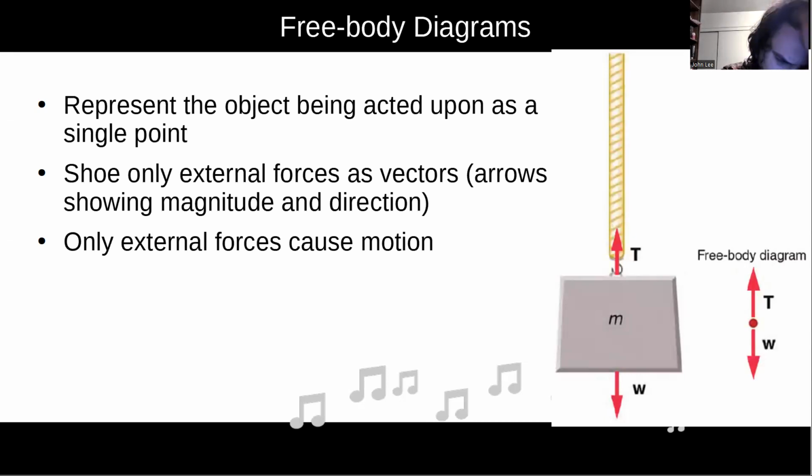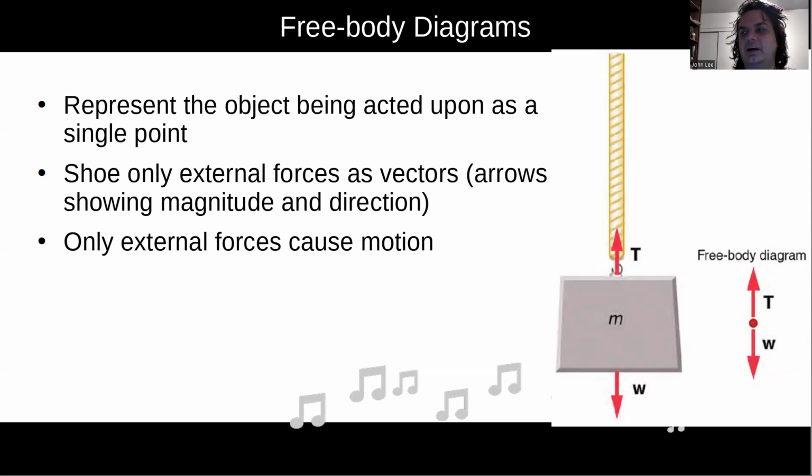And a way that we come up with to describe these forces is something called a free body diagram, where we represent the object being acted upon as a single point and show external forces as vectors, which are arrows indicating the magnitude and direction of the force.